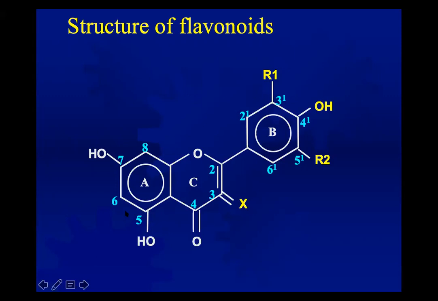As I mentioned previously, hydroxylation at 5, 7, as well as 3 prime, 4 prime, and 5 prime is very easy, as well as the 3 hydroxyl group is also possible.